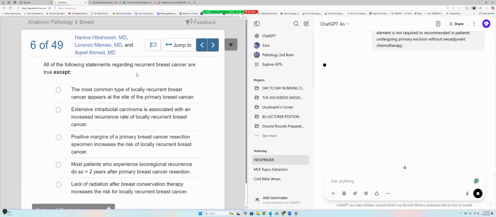All of the following statements regarding recurrent breast cancer are true, except. Let's look at it and let me know your answer and I'll say my answer.